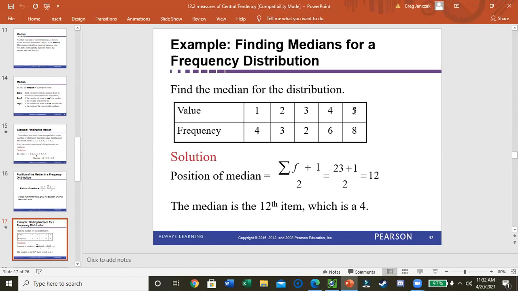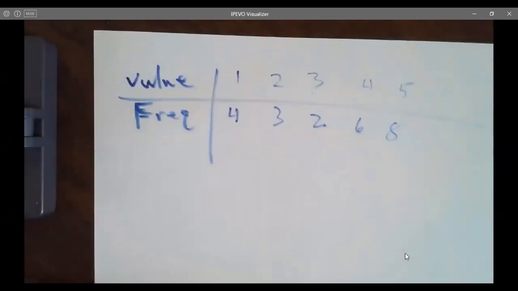If we look at this, we have a value and frequency: 1, 4, 2, 3, 3, 2, 4, 6, 5, 8. Okay, so this is our table.